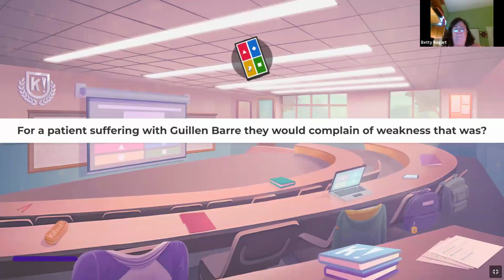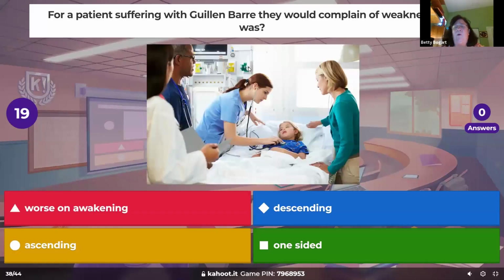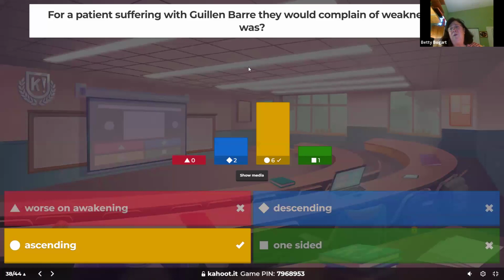For a patient suffering with Guillain-Barré, they would complain of weakness that was what? Remember, this is nerves, and the nerves stop working, and it causes weakness. No nerves, you'll be weak, and it's from the feet, and it goes up, ascending.